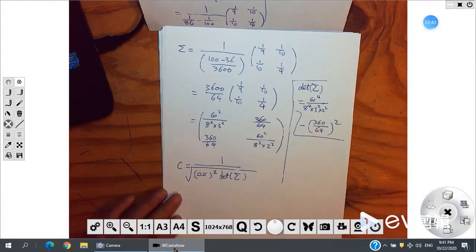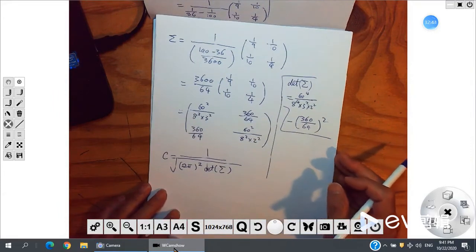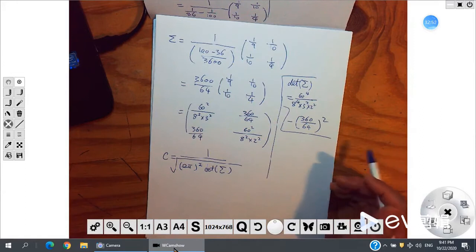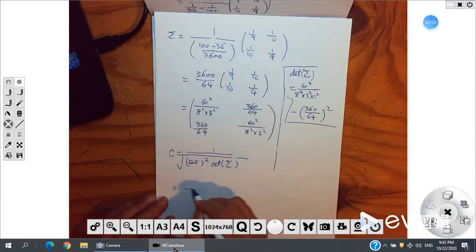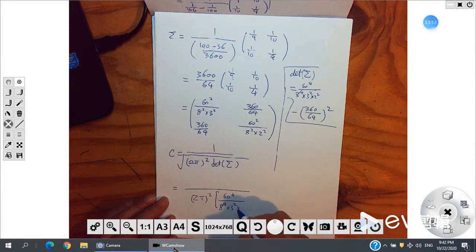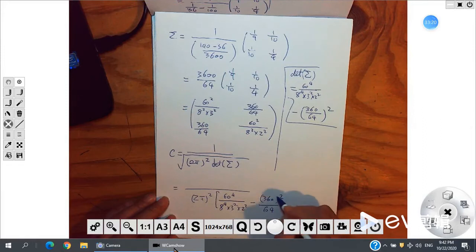Oh, this is somehow large. Can we make it this symbol? Anyway, I just leave it here. 2 pi square times this one is 60 to the power 4th over 8 to the power 4 times 3 square and times 2 square and minus 360 square over 64 square.